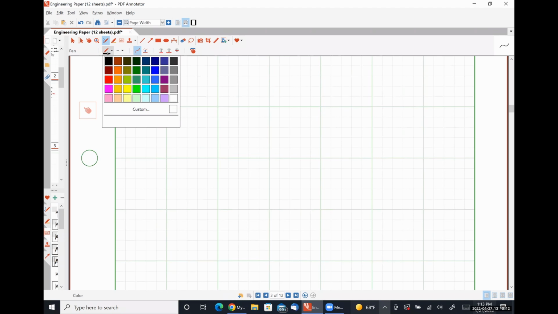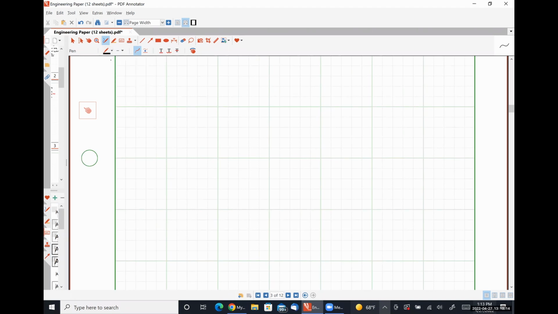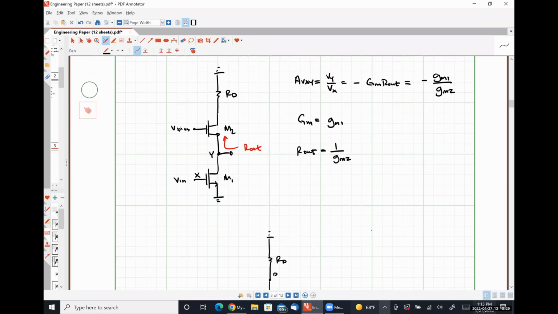So we would have RD here. So this is our drain, right? Of M2.